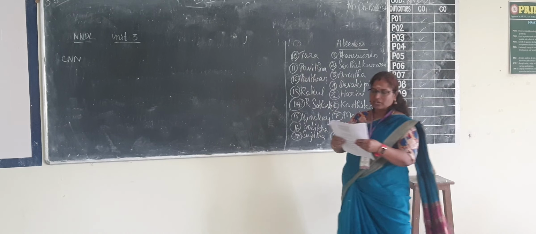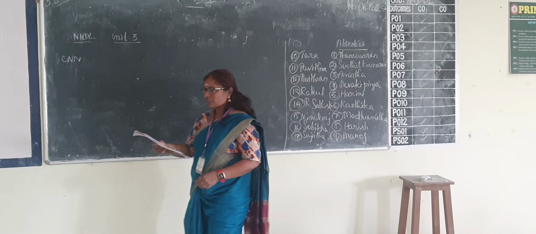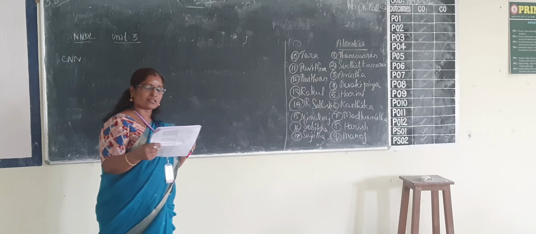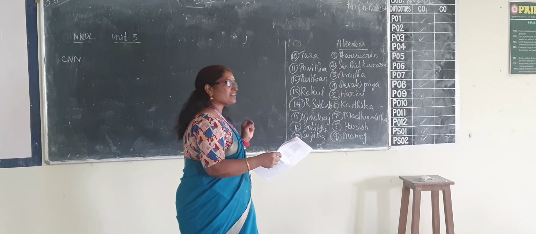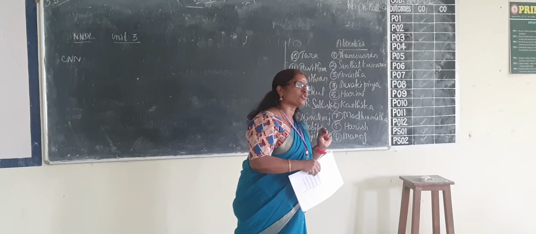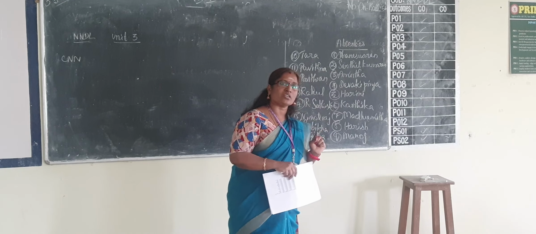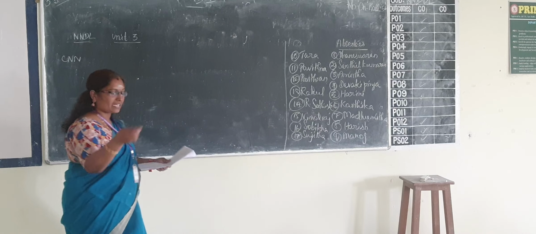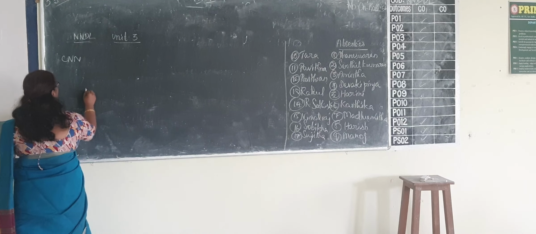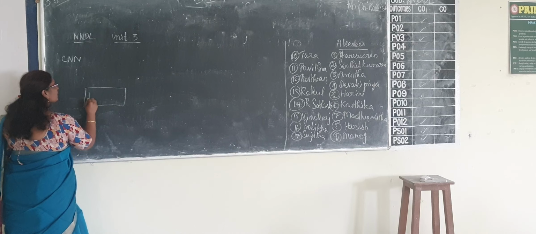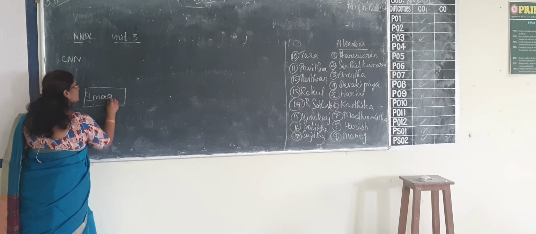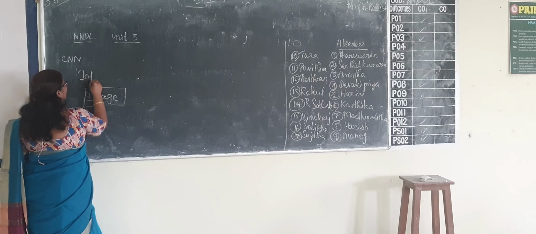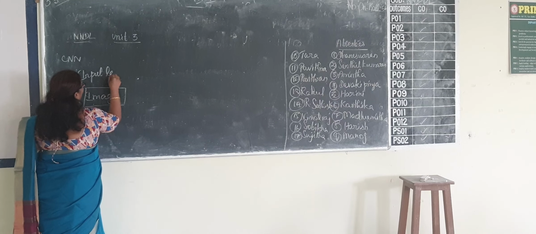Like that, even in CNN we will have an architecture where we are going to see some more new layers. As it is CNN, we will have a convolution layer. In addition to that, we will have a fully connected layer. Let us see the architecture. Please remember, the input will be an image, so I name this the input layer.